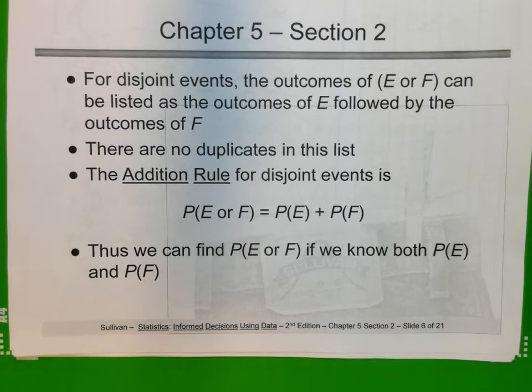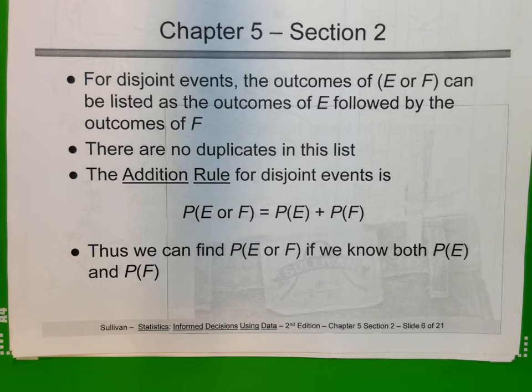Okay, for disjoint events, the outcome of E or F, think about geometry for a second, or means only one has to be true, can be listed as the outcomes of E followed by the outcomes of F. Since there's no duplication, it's just a list. And so that leads us to the addition rule.